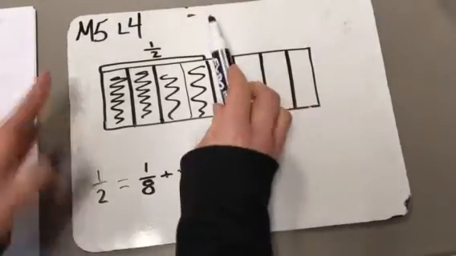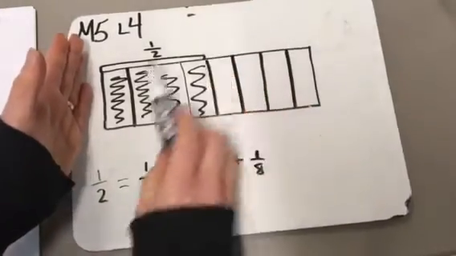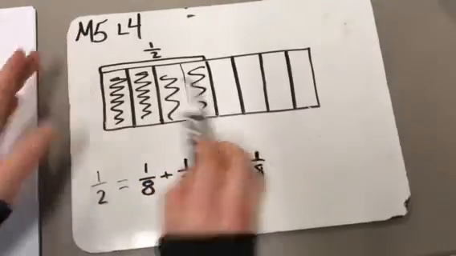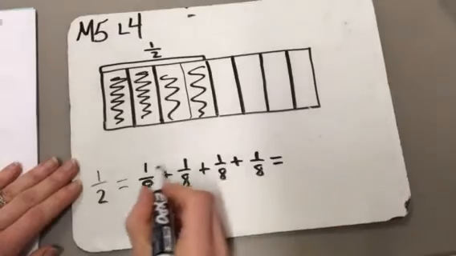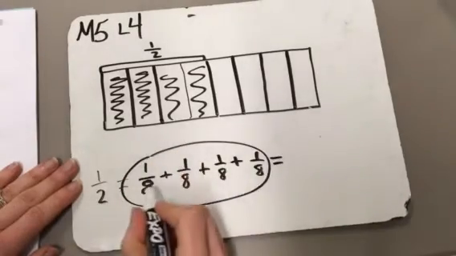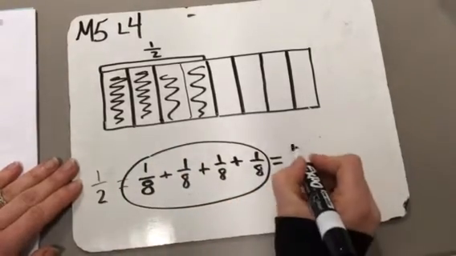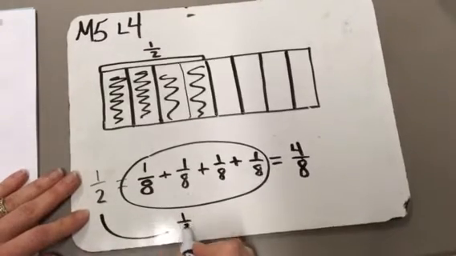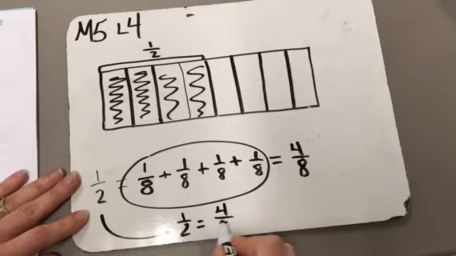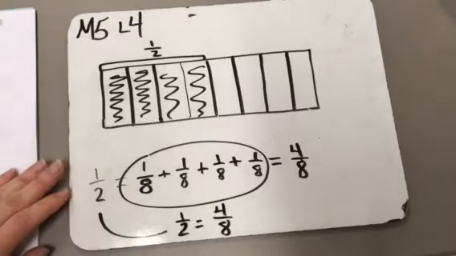Well, no, because a half stops right there. I have 1, 2, 3, 4 of them. So when I hit equals, how many eighths do I have? 1, 2, 3, 4 eighths. So 1/2 is equal to 4 eighths.